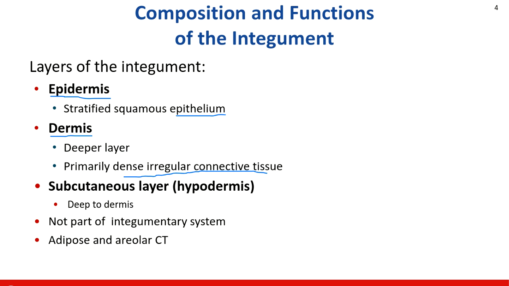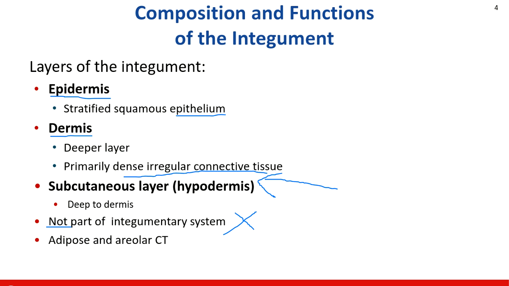Now we throw this other layer into this discussion, the subcutaneous layer, but that is not part of the integument. So you really need to put a star or write this out in bold letters: it is not part of the integument. We just talk about it because it's in close proximity to the integument.